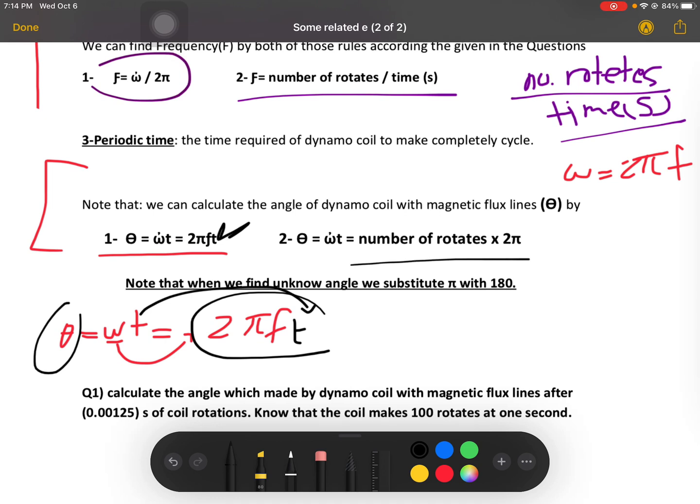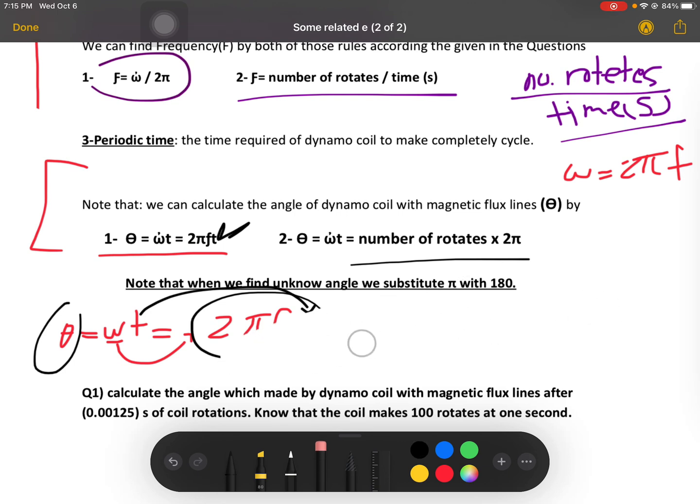Another relation is the number of rotations times 2 pi. If the question says the rotation is 2 turns, you will use the number 2 times 2 pi to find theta.